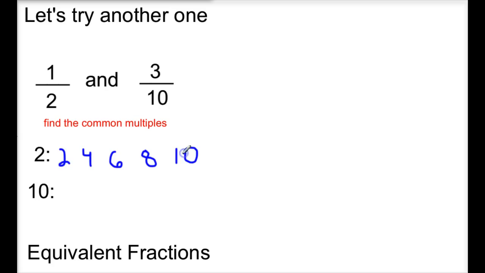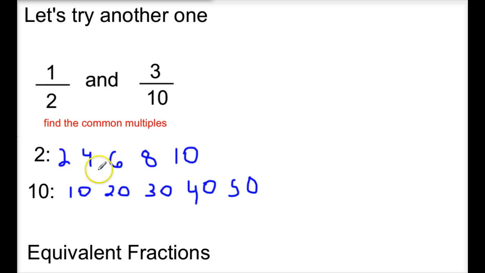And I'm going to only go up to those first 5. And here I'm going to do the same: 10, 20, 30, 40, and then 50. And I'm going to stop there.